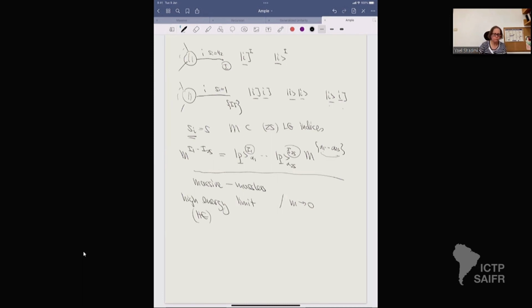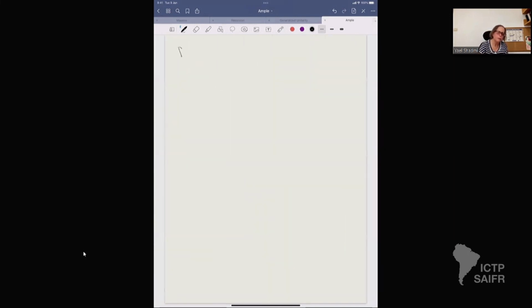Okay, so to make that explicit, let's say that I split my momentum P into P1 plus P2. In order to get a nice high energy limit, I can decide to take one of them such that it goes to 0 in the high energy limit.